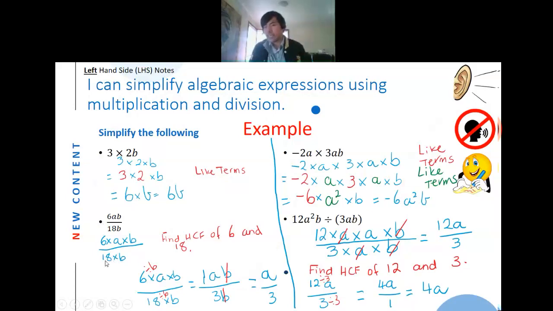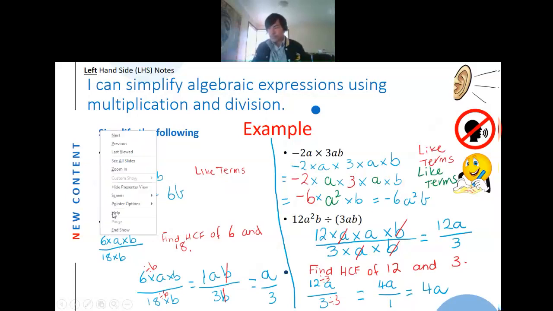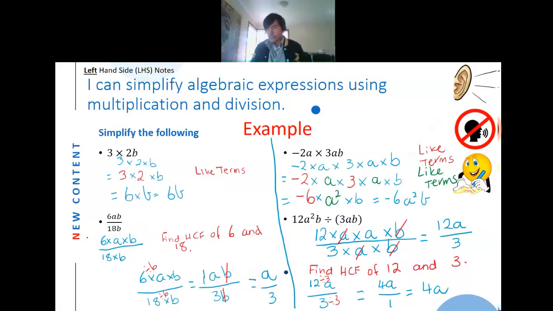Well, the highest number that can go into both of them is 6 itself. So 6 is 6 times 1, and 18 is 6 times 3.